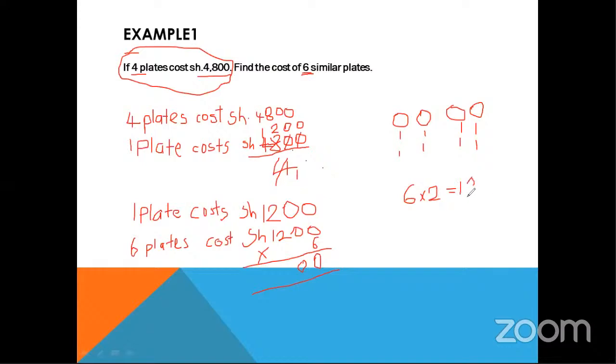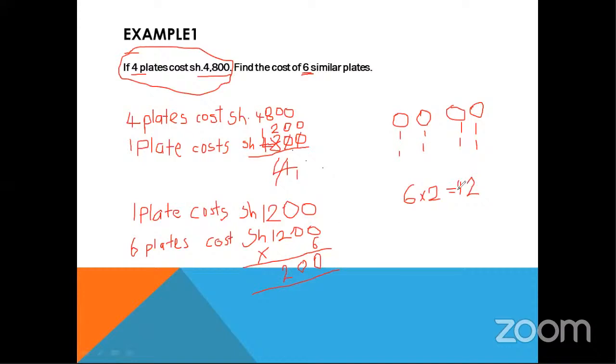Now, Chloe, should I write all the 12? No. So once you get a 2 digit number after multiplying, you need to regroup. Or most of you say you need to carry. So we are going to write 2 first, and then we regroup 1.